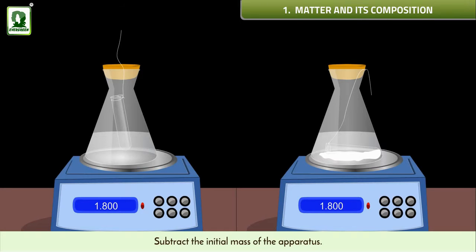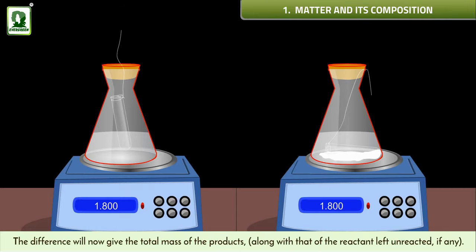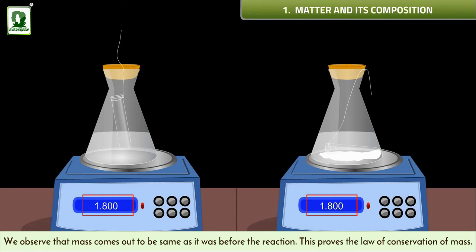Subtract the initial mass of the apparatus. The difference will now give the total mass of the products, along with that of the reactant left unreacted, if any. We observe that mass comes out to be same as it was before the reaction. This proves the law of conservation of mass.